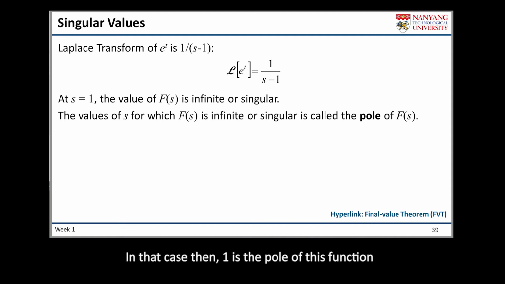In that case, 1 is the pole of this function, because 1 will turn this function infinite. So again, a pole is the value of s at which F(s) will become infinite.